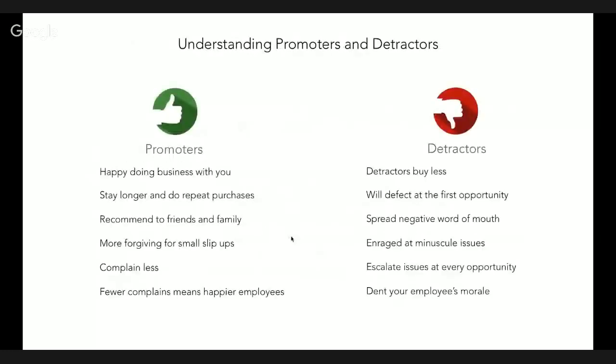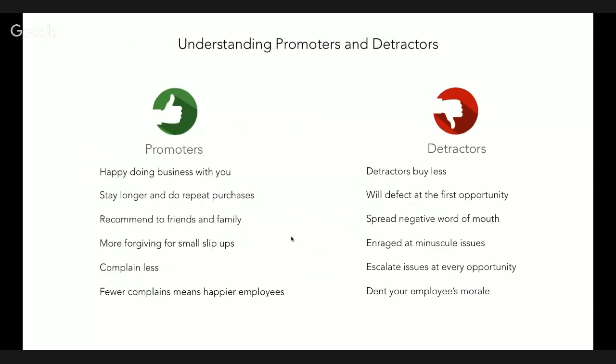What's next? It's important to understand the promoters and the detractors. What is it that these groups of promoters and detractors, as a bunch, inherently bring to the table? So promoters are happy doing business with you, and they stay longer and do repeat purchases compared to the detractors, who buy less, and they will defect very easily at the first opportunity itself.